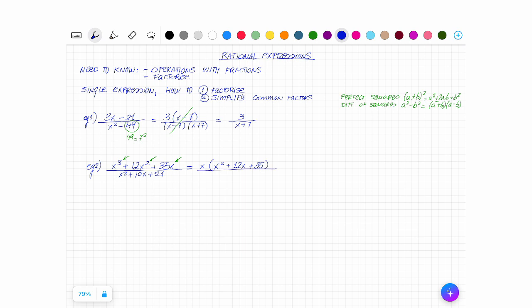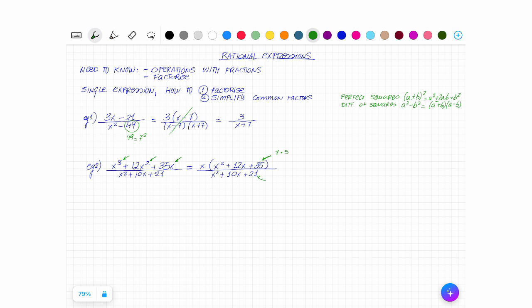I'm not going to touch the quadratic yet. I'm leaving it here. And then I've got two quadratics to simplify. So remember, two numbers now that multiply to 35 and add to 12. That's going to be 7 and 5.